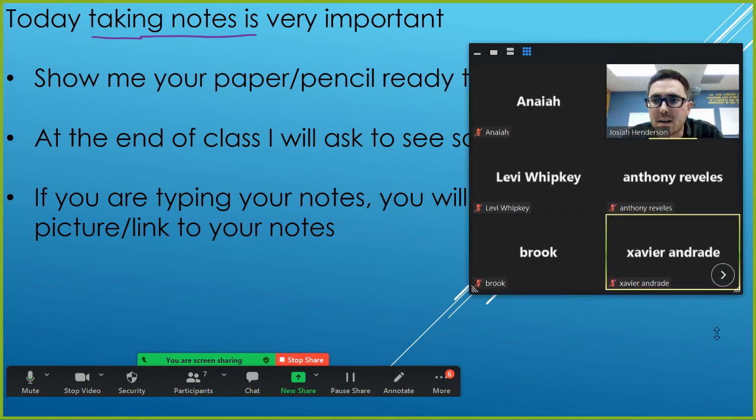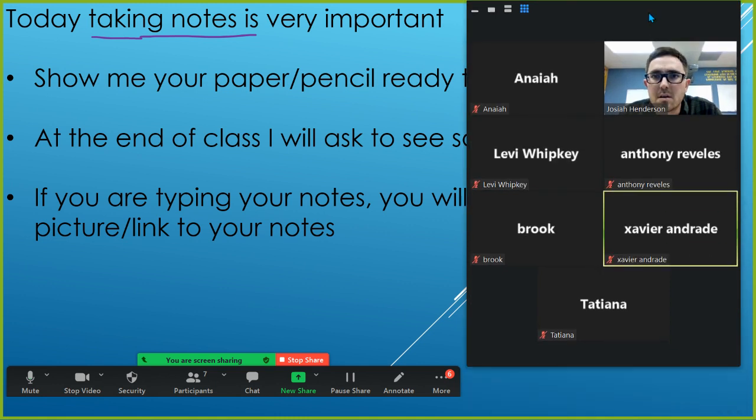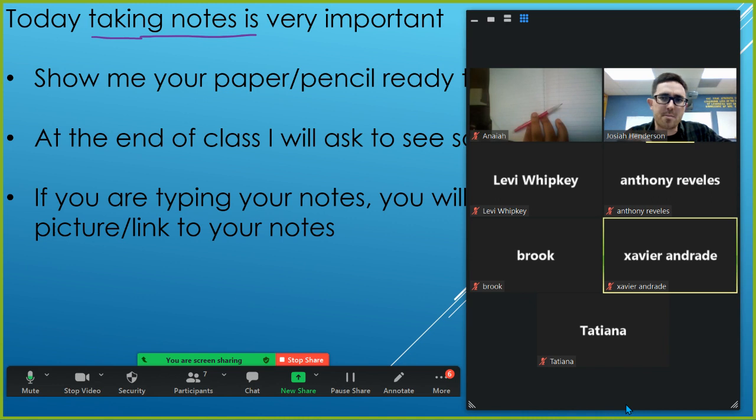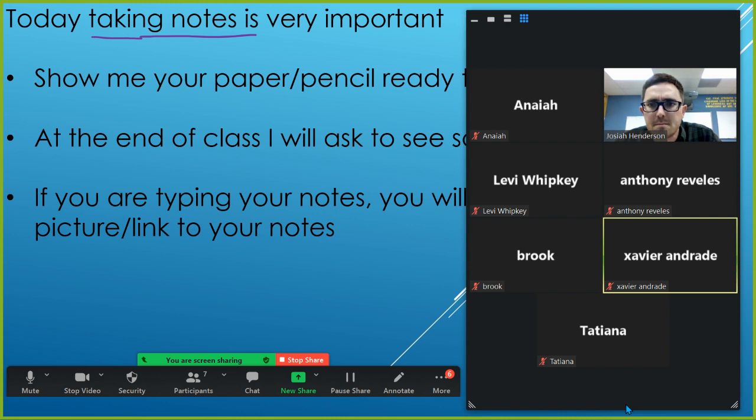So I'm pulling up my camera. So just really quick, turn on your camera for me and show me, hey, here's my paper, here's my pencil. Anaya for the win, ready to go. Thank you. So I need to see Levi's, Anthony's, Brooks, Xavier's, and Tatiana's. Or tell me, hey, I'm only going to be typing them.